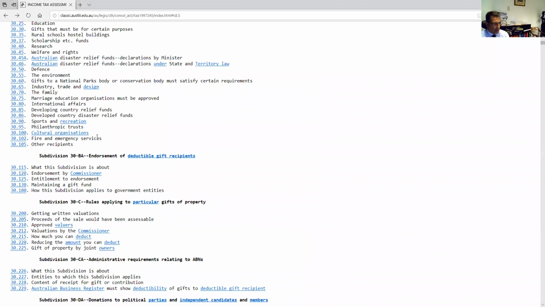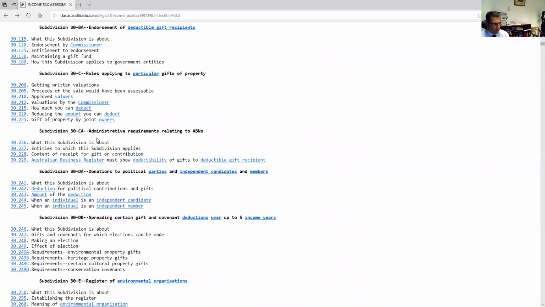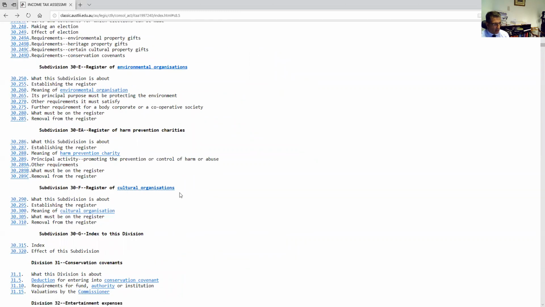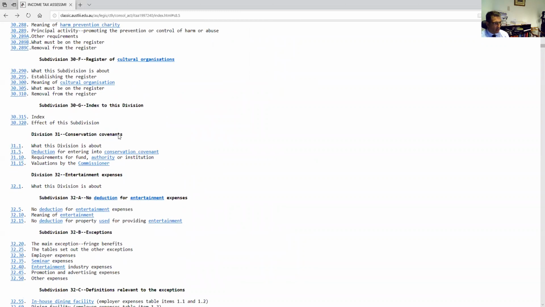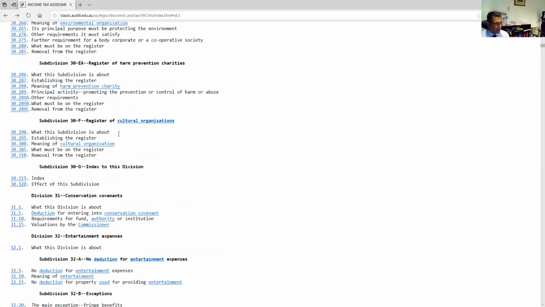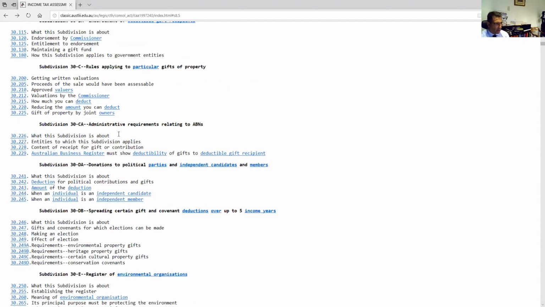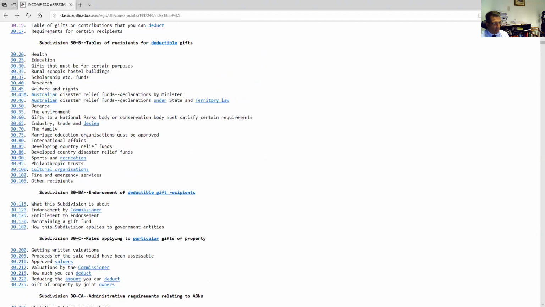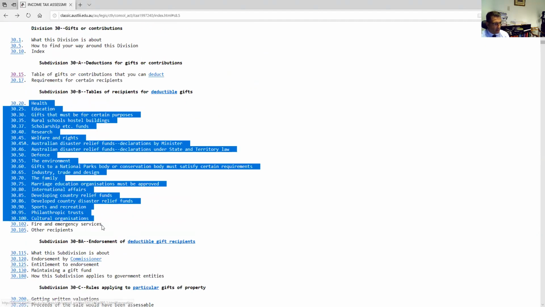If you go down a little further, you'll see environmental organisations, harm prevention, cultural organisations, etc. The different types of entities that will be identified as deductible gift recipients are referred to there, all sorts of ones. Think of the art gallery foundation, etc.